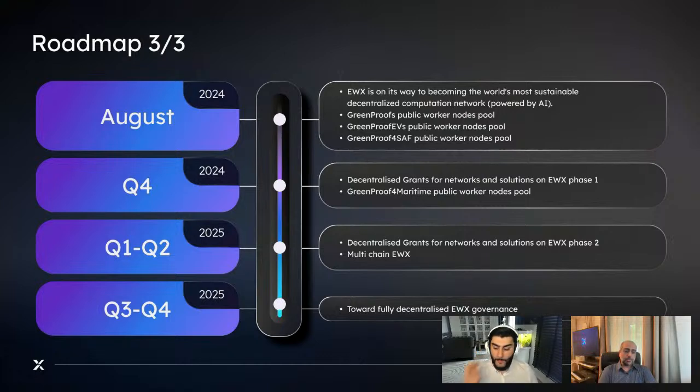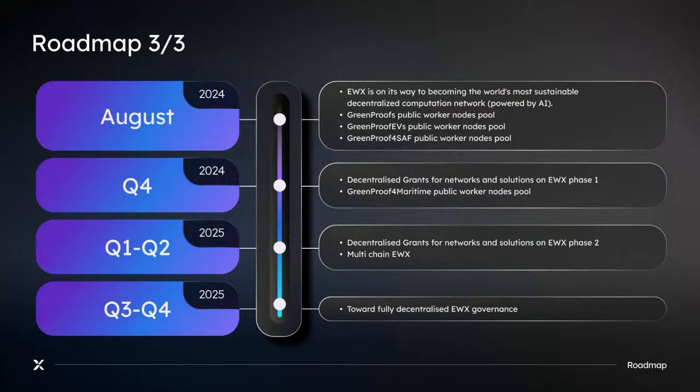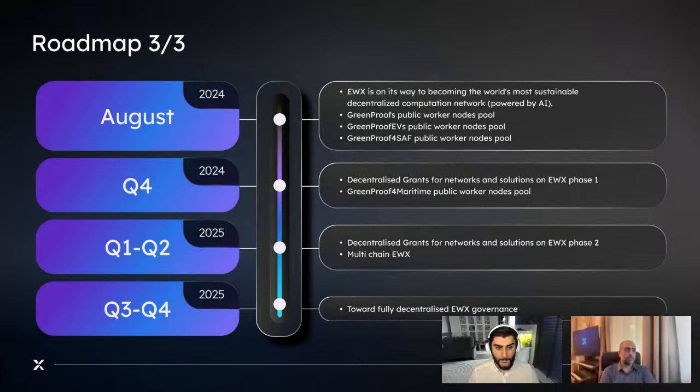What it means is that for every single solution that is deployed from the launchpad by any enterprise on EnergyWebX, there would be an additional worker node computation being pushed into the marketplace to the Green Proof public worker nodes pool. It means the more customers we have on the launchpad, the more incentive will be provided to existing subscribers. So that's exactly what it means. That is specifically for Greenproof.